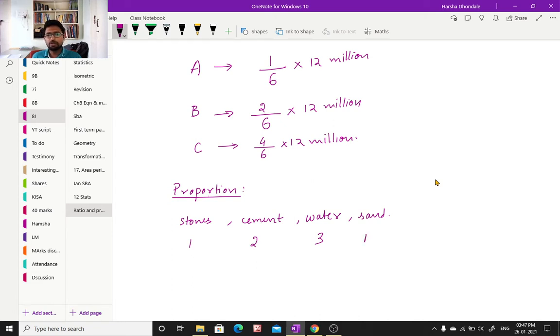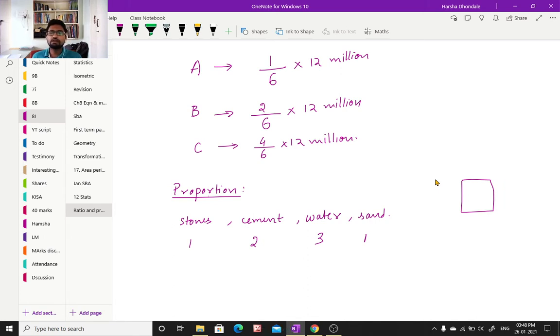So 1 bag of stones, or 1 container, let's say this is the container. So this container filled with pebbles or stones, and then another container that is filled with cement. So I need 2 such containers which are filled with cement, and then 3 such containers which are filled with water, and then 1 such container that is filled with sand.